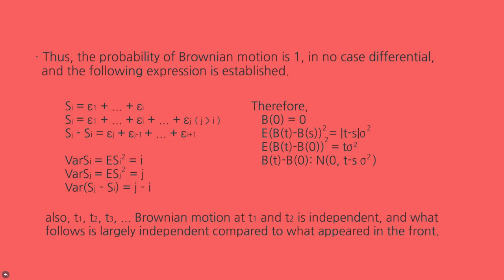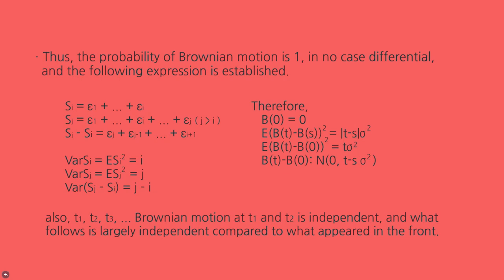Also, variance Si equals expectation xi squared equals i. Variance xj equals expectation xj squared equals j. Variance Sj minus Si equals j minus i.